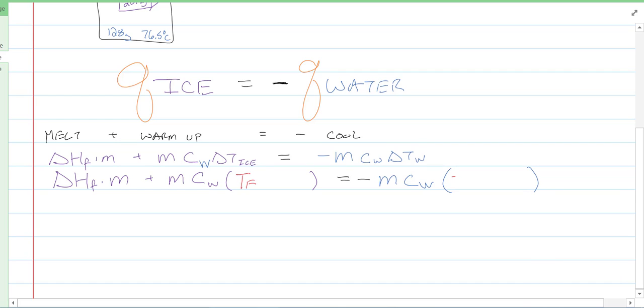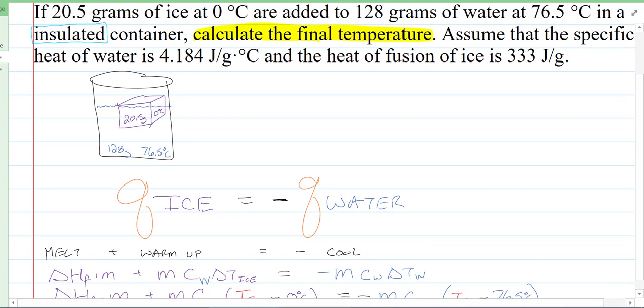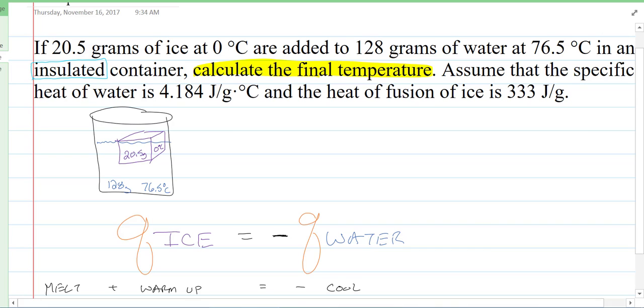We're looking for TF, the final temperature, minus the initial temperature. The initial temperature of the ice is 0, because the problem said so. And the initial temperature of the water was 76.5. And that's right here in the problem. 76.5 for water, 0 for ice.